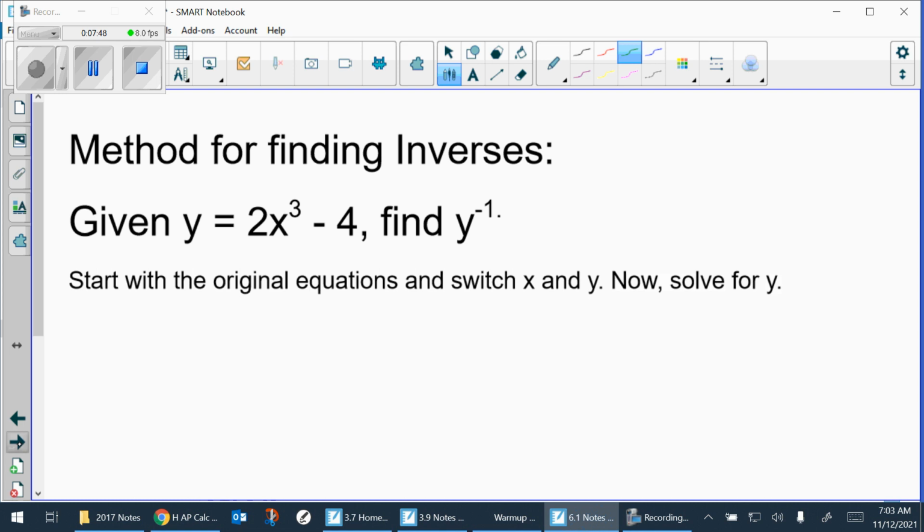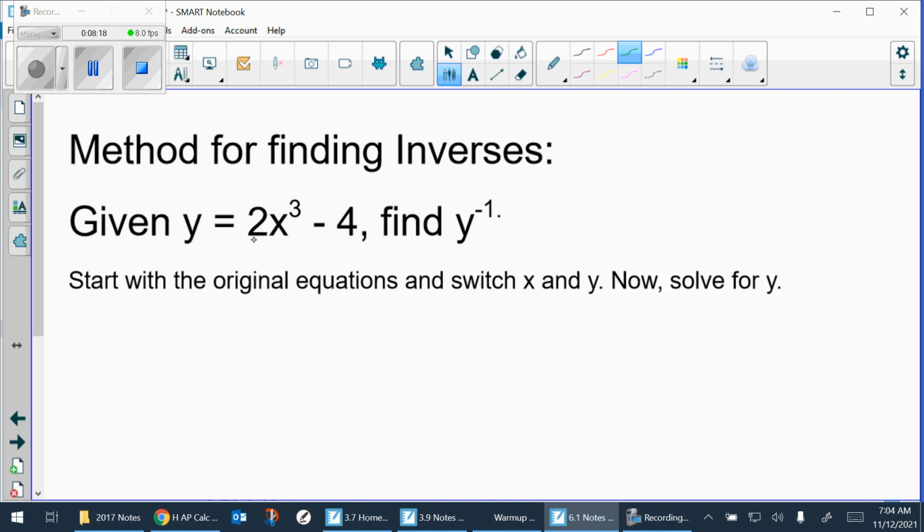Now here's something that I think you've done before. You're given y equals 2x cubed minus 4, and you're asked to find the inverse of that function. This may not come to mind, but when I talk about it, I think you're going to remember it. What we're going to do to find the inverse is switch the roles of the x and the y, just like we did when we were plotting points.